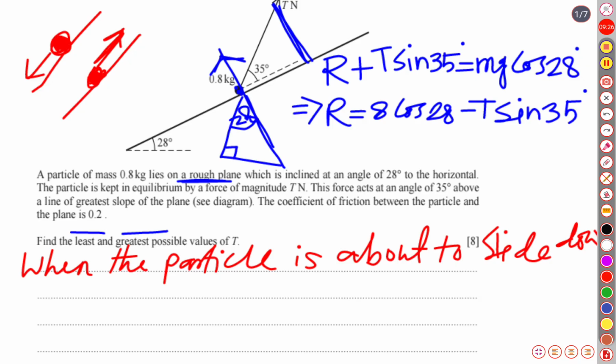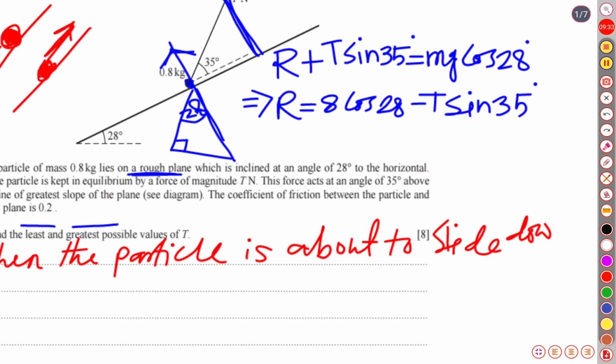We have already explained that when the particle is about to slide down, then tension will have the least magnitude. Okay.